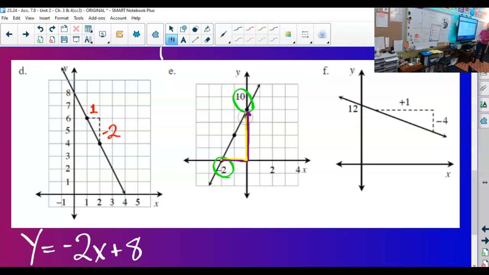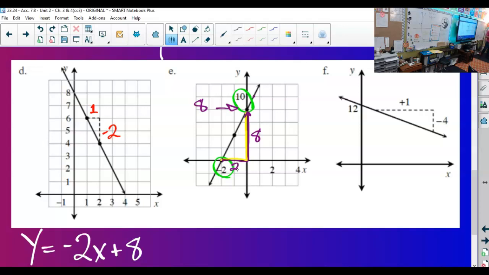Be louder. 2x plus D. So if this is 10, right, this must be 8. So let's double check our slope triangle. We went up 8 and we went over 2. So guys, everyone go back to the front. Look at E.